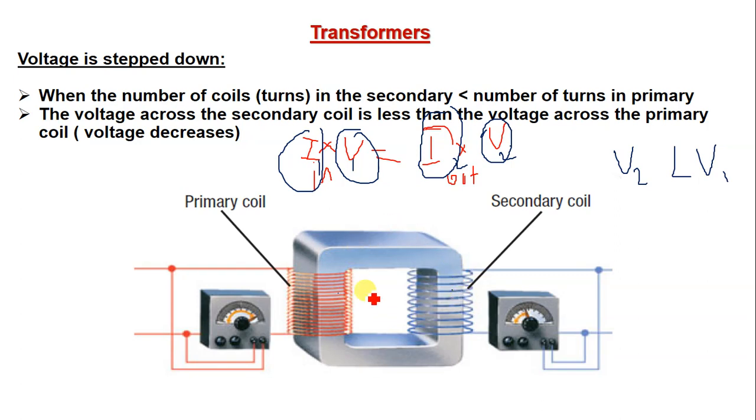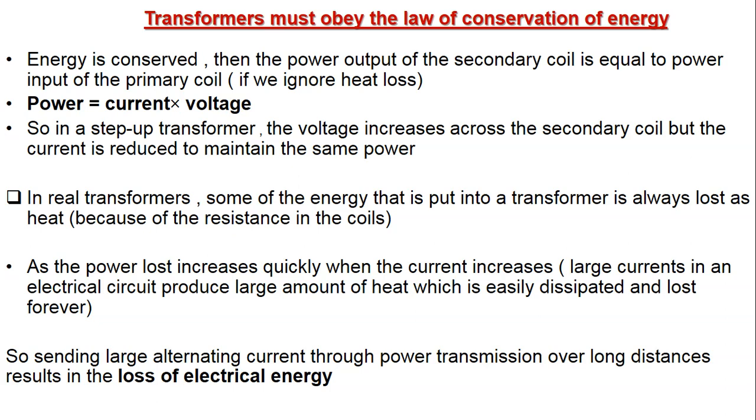And when the step down transformer decreases the voltage, it increases the current. So energy is conserved, then the power output of the secondary coil is equal to the power input of the primary coil. We learned that power is equal to current times voltage.